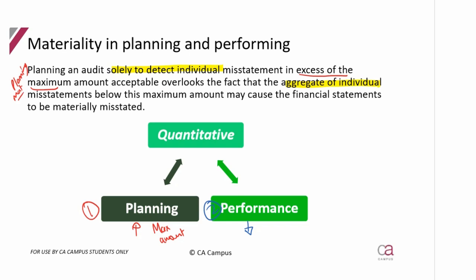And the second one, performance, is going to be a new materiality that is lower than the maximum, and this is going to help us to identify those misstatements that are below the maximum, that I then would need to at the end add up to see if they in aggregate exceed the maximum.